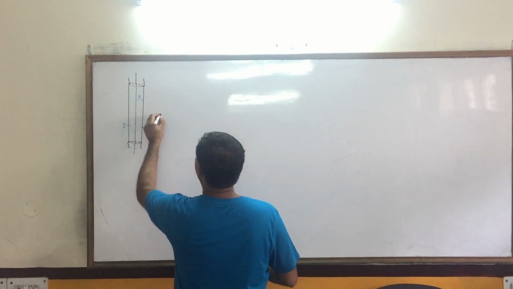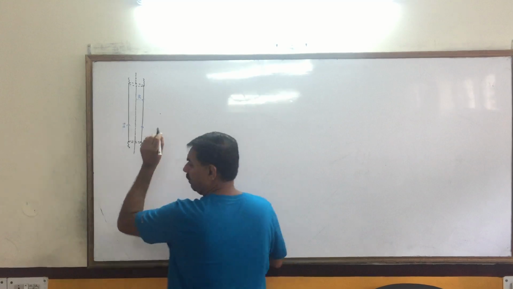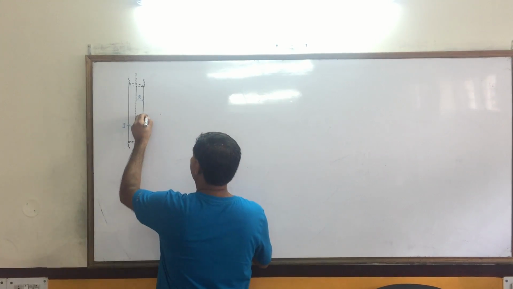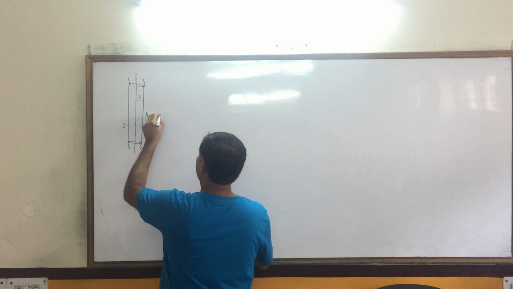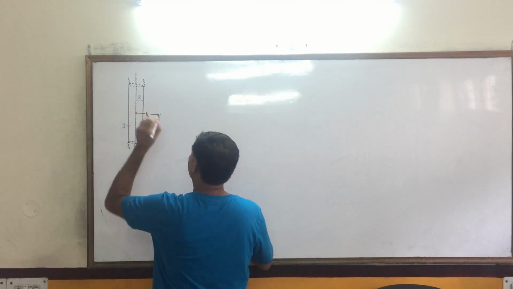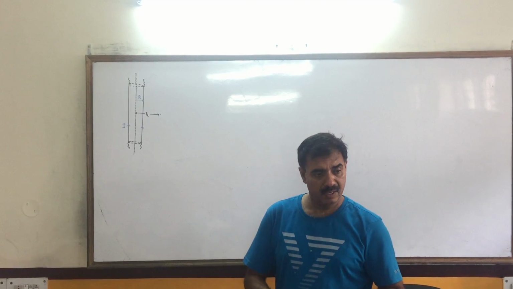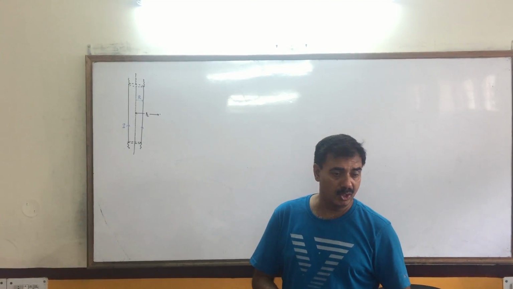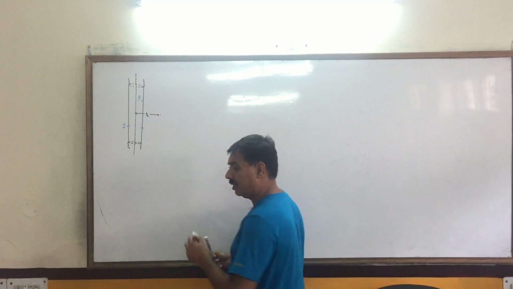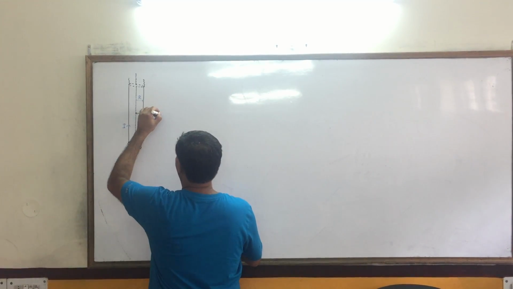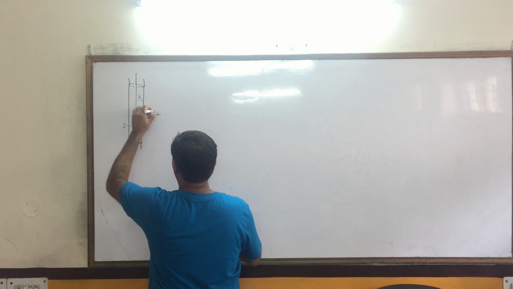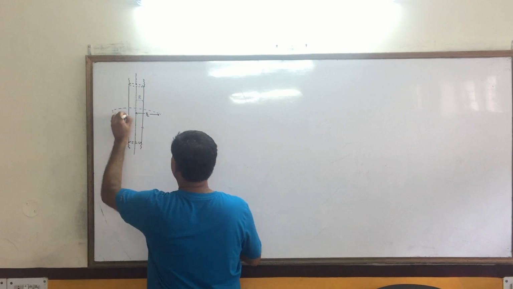We have to find the field at distance r from the axis. We will imagine a closed path of small radius r with the cylindrical wire at its axis.